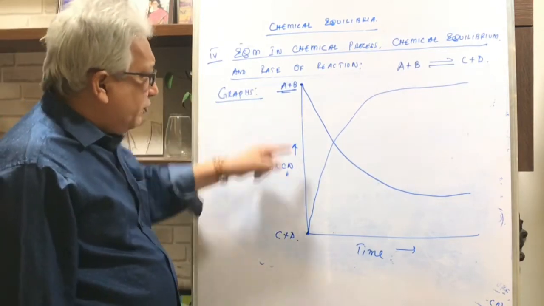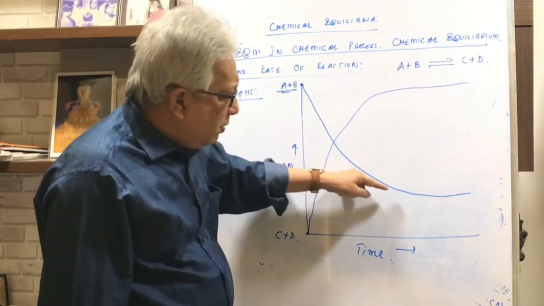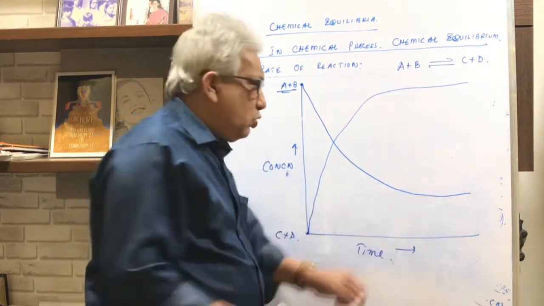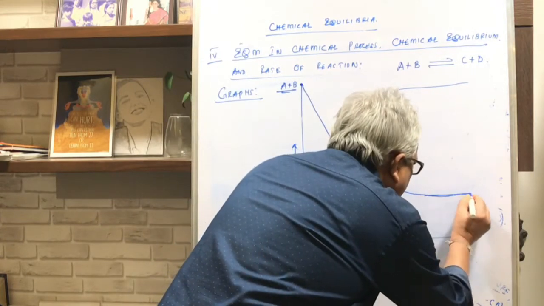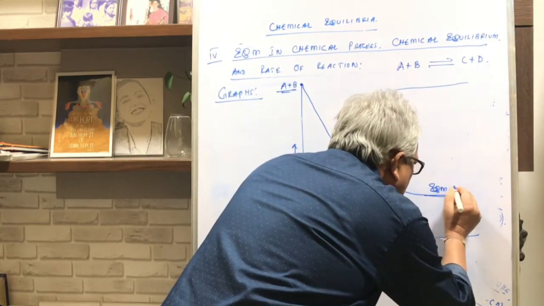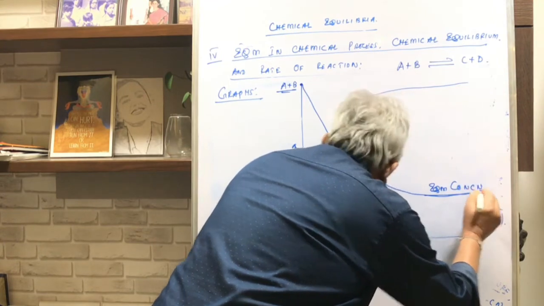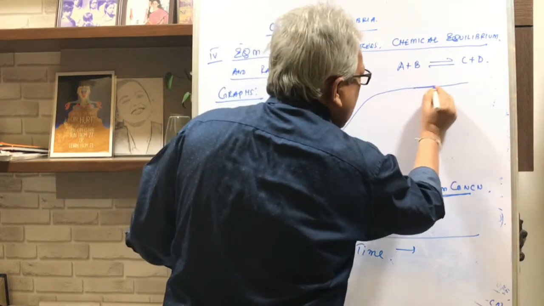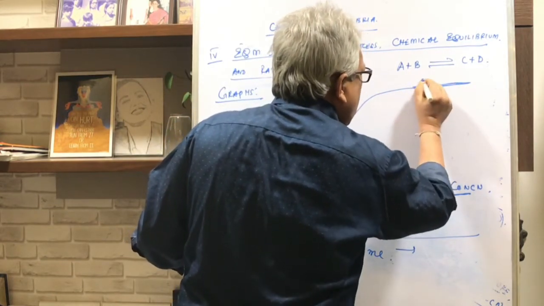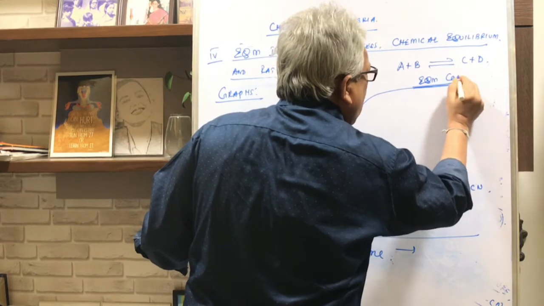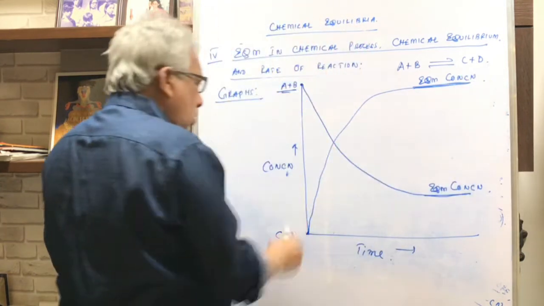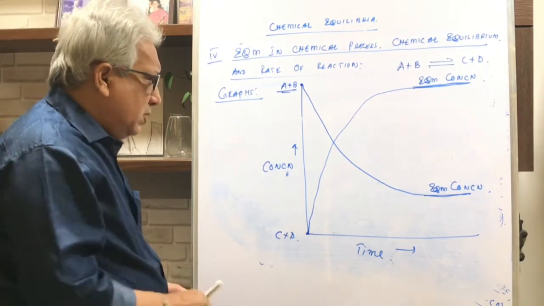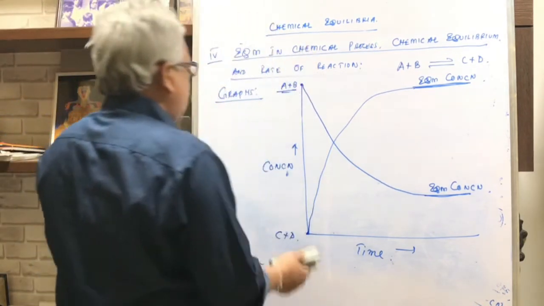So this is one graph in which you have shown the concentration of A and B has gone on decreasing to eventually achieve the equilibrium concentration. When it becomes a straight line, you can say it has become equilibrium concentration, and C and D is going on increasing, and eventually it has achieved a constant value, which is again equilibrium concentration. Is it okay with you? So this is one graph in which we have taken concentration on the y-axis and time on the x-axis.